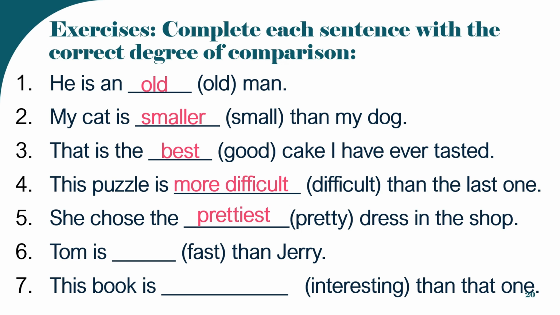So the comparative form of the adjective, that is faster, will be used and the sentence will be Tom is faster than Jerry. In number seven sentence, two books are compared. So the comparative form of the adjective, that is more interesting, will be used and the sentence will be this book is more interesting than that one.